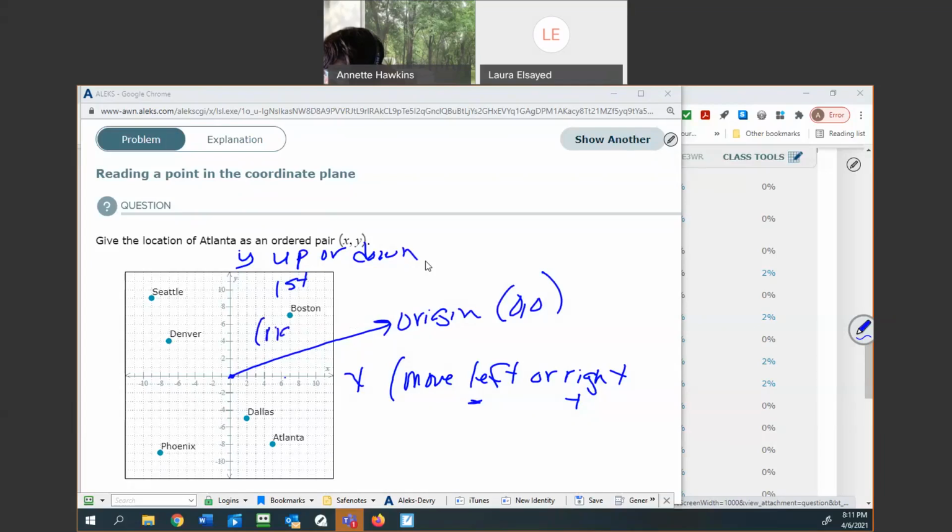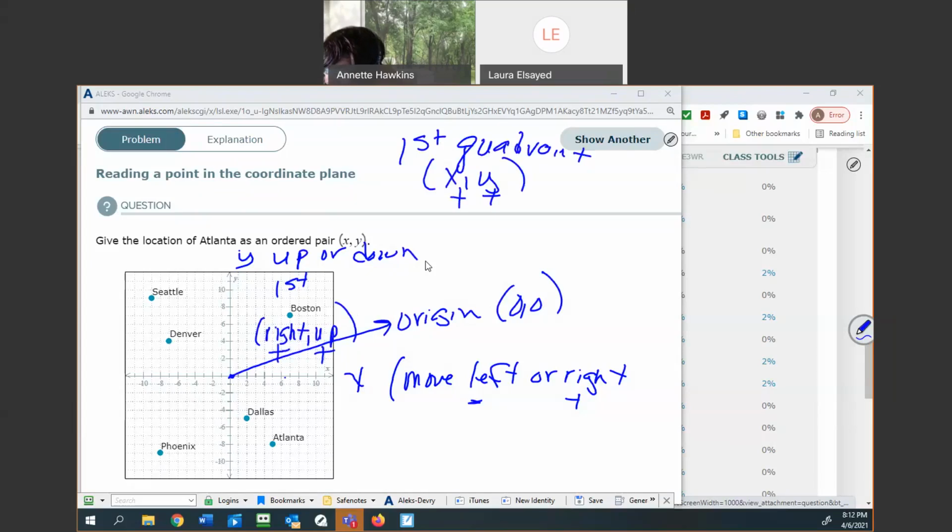Right is X and up is Y. Since I went right and up, that's positive, positive. X and Y are positive in the first quadrant, both positive.